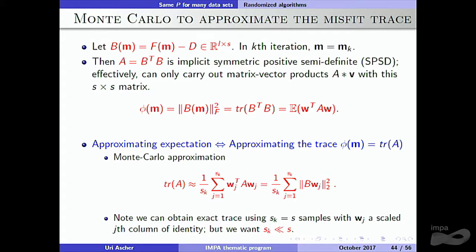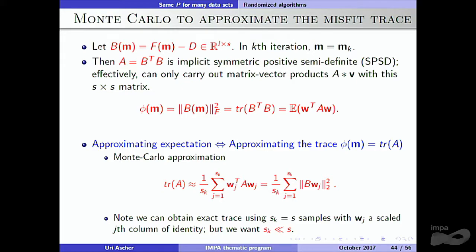And the Frobenius norm, in fact, is equal to the trace of B transpose B. So if we call B transpose B A, then A will be symmetric positive semi-definite. It could be, and often will be, singular, but otherwise it's almost positive definite.